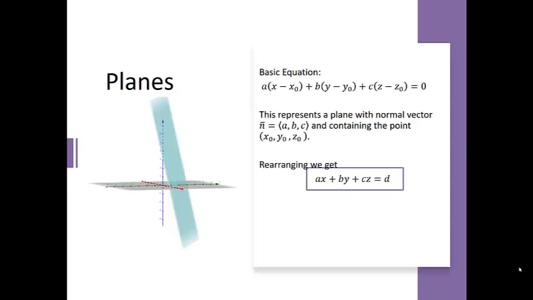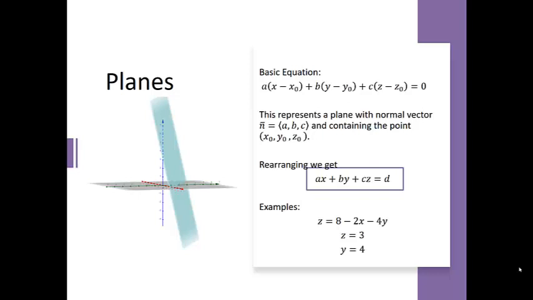We can rearrange this equation and write it like ax plus by plus cz equals d, and that's normally what we'll see our equations of planes looking like. For example, z equals 8 minus 2x minus 4y is the equation of the plane we see here on the screen. We could also have equations like z equals 3, which would be a horizontal plane, or y equals 4, which would be a vertical plane. We'll look at these more in detail shortly.